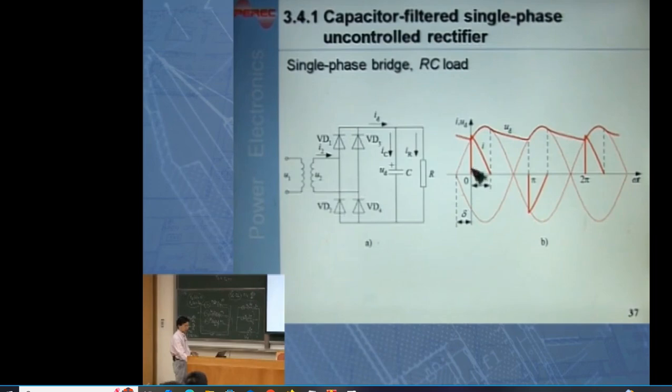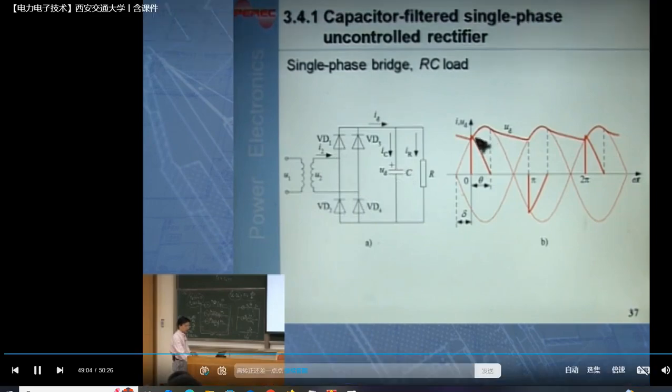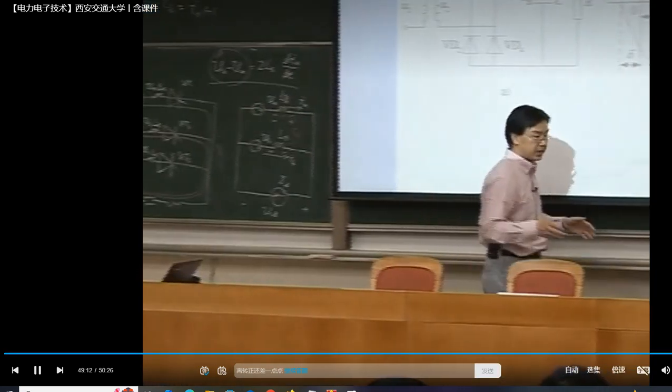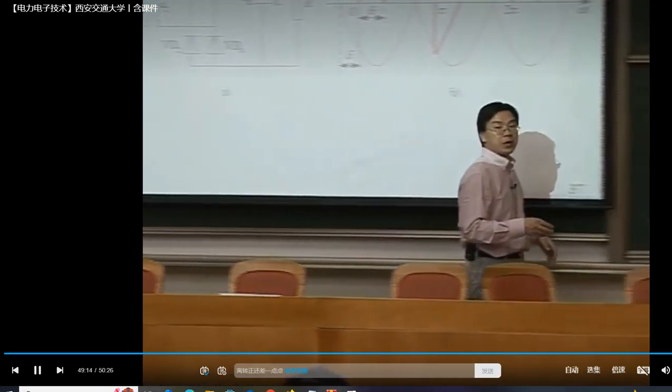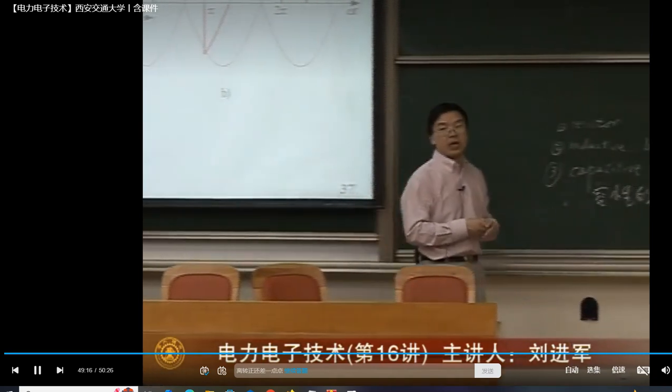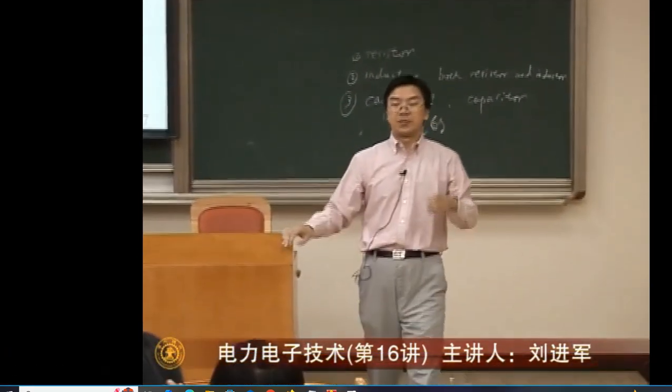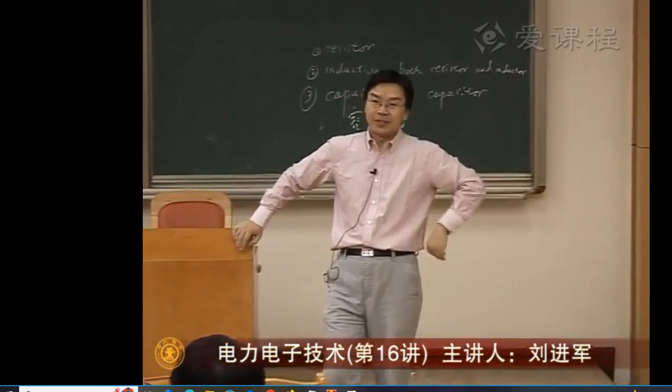For example, at this instant when U2 is higher than UD, VD1 and VD4 will be conducting. So it is complicated to know at what time diodes will be conducting. This determines the complication of this capacitive load.